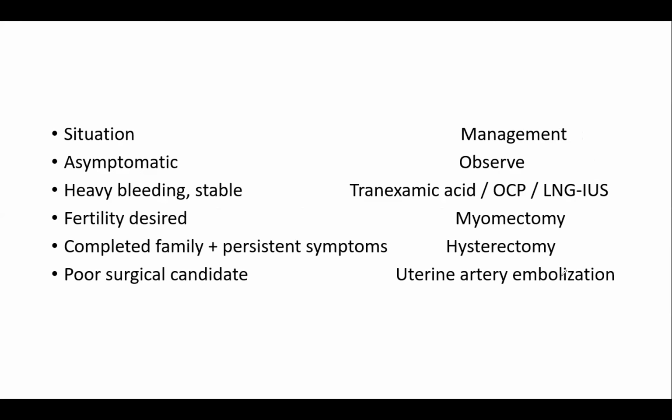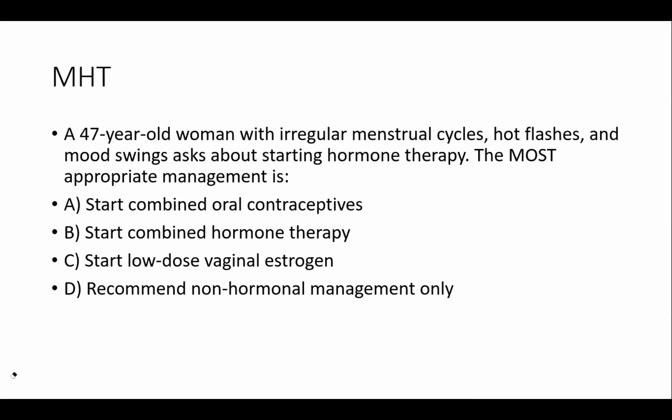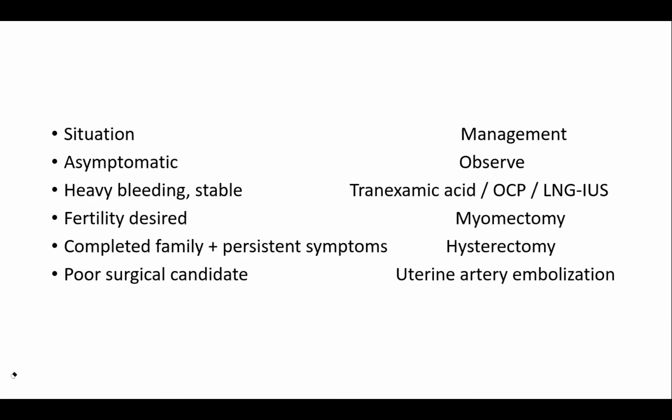If the patient is coming with heavy bleeding and the patient is stable, the thing would be tranexamic acid. Here the other options are like, if there is symptom and heavy bleeding and the patient is stable, the first option would be Tranexa.